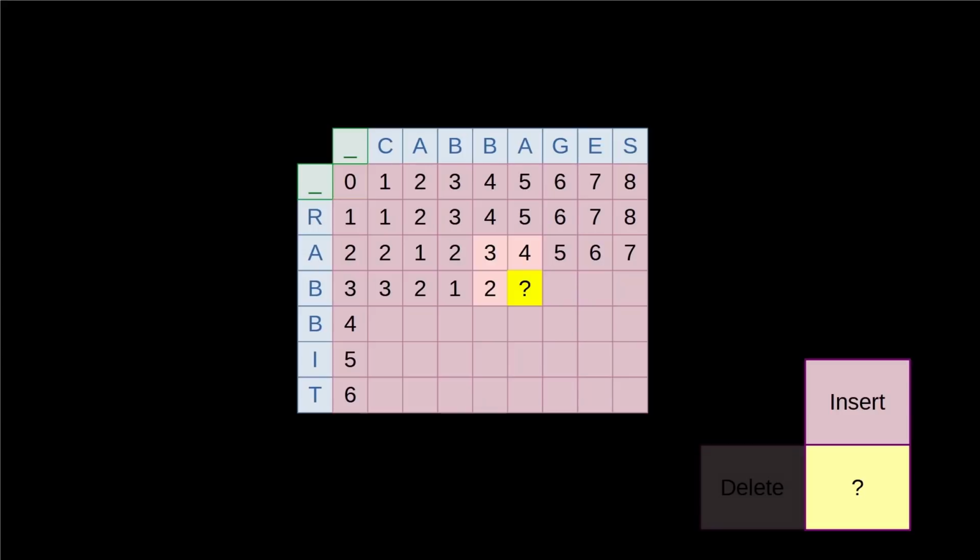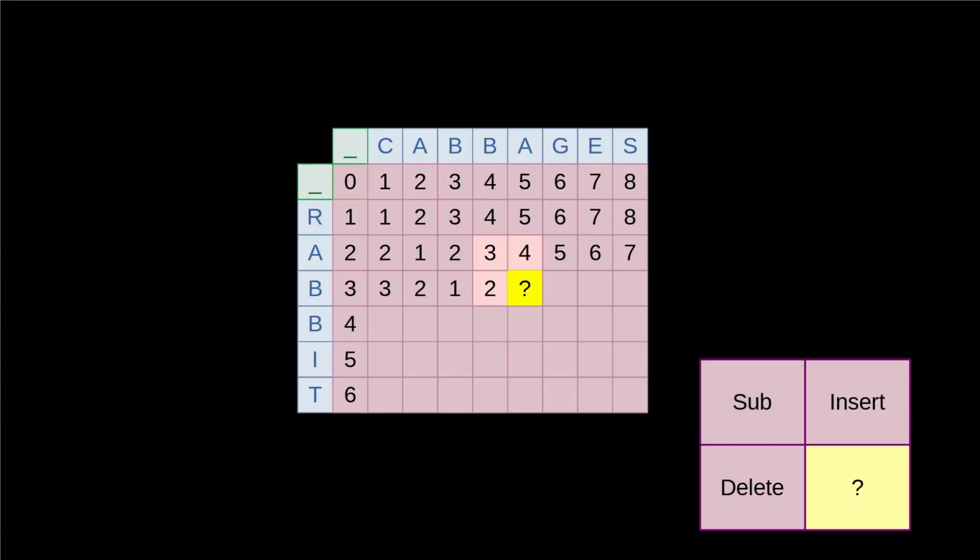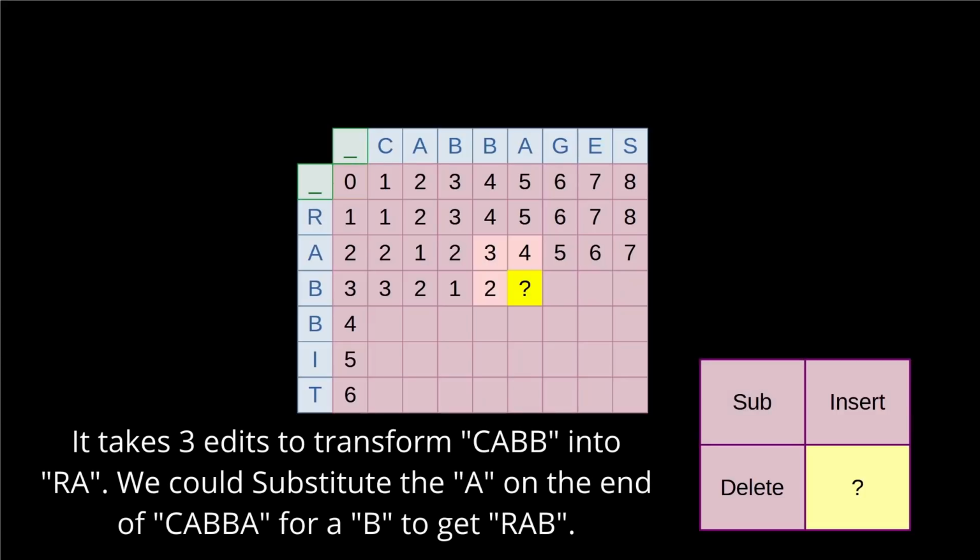The second option is we could say that it takes 2 edits to transform the string CABB into the string RAB. And then we could just delete the extra A from the end of CABBA, and we'd have ourselves 3 edits. The other thing that we could do, it takes 3 edits from CABB to RA. We could substitute the final A on CABB for a B and get RAB.